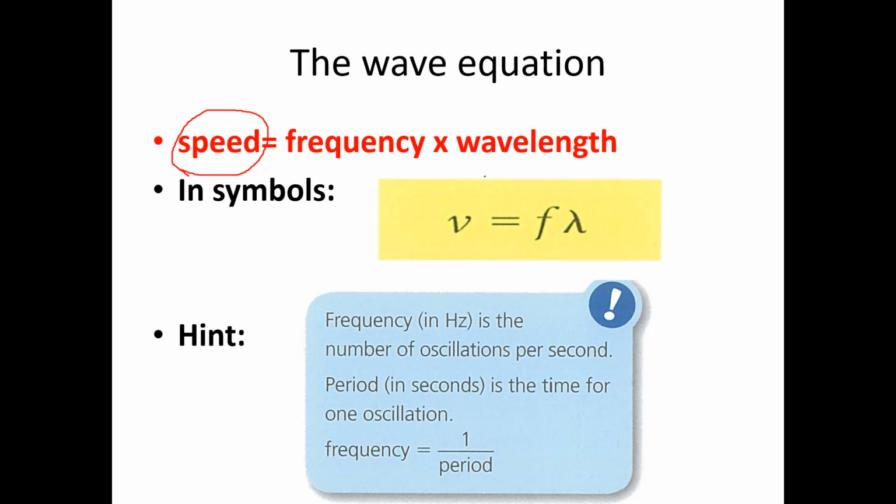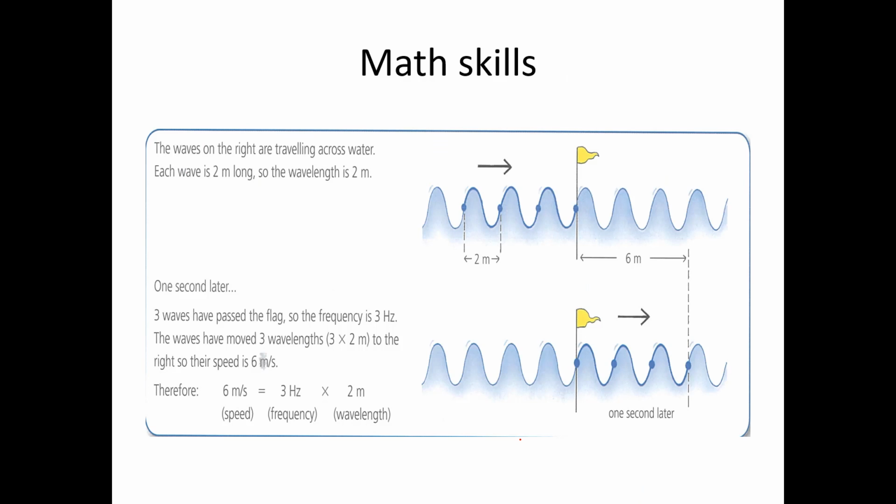Lambda, we said, is the wavelength. One more thing is how to find the period. Frequency equals 1 over period. We will have some math questions to solve this kind of question.